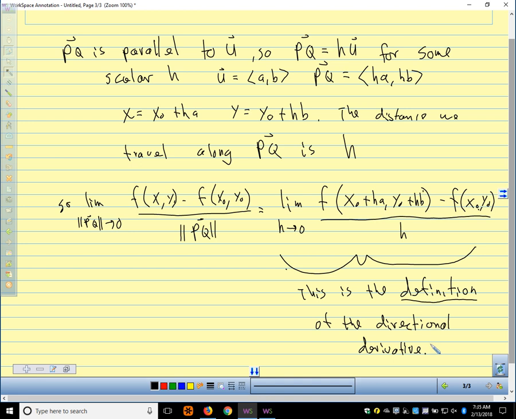And this is our directional derivative in the direction of our unit vector u at the point x0, y0. We're going to take this as our definition.